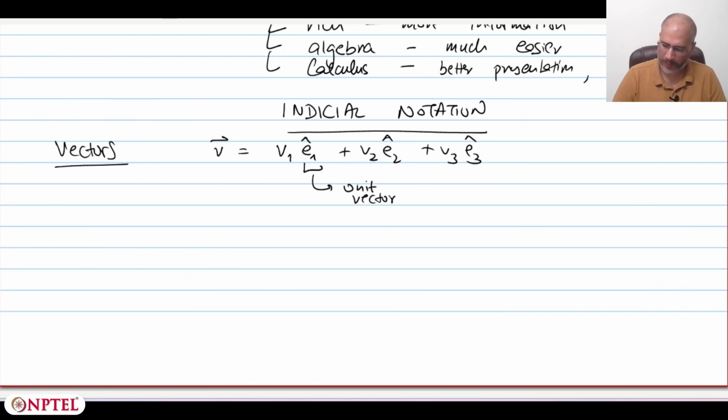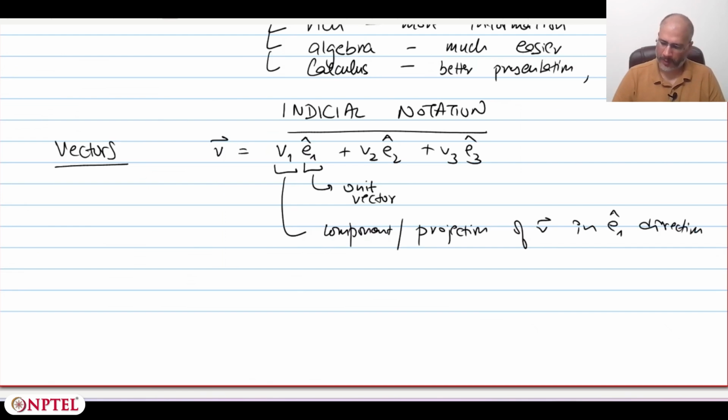So e1 is a unit vector, and v1 is the component or the projection of v in the e1 direction. Right, so this can be written using the summation symbol. So we can write this as summation i goes from 1 to 3 of vi ei.